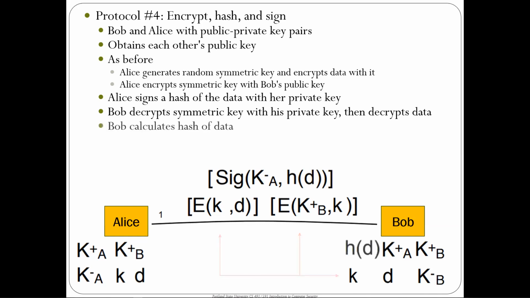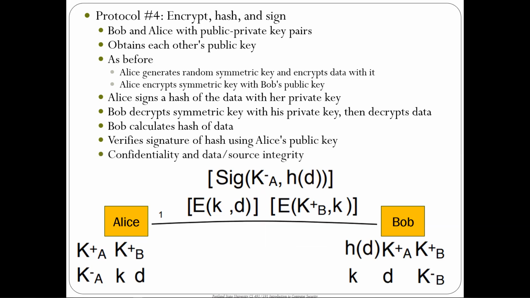And then as the final step, he's going to calculate the cryptographic hash based on the data that he got, and then use that hash and Alice's public key, these two things, to verify that this matches what the signature was. So in this case, you can then get confidentiality, data integrity, and source integrity.